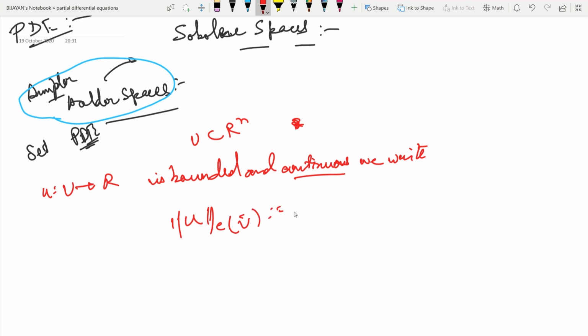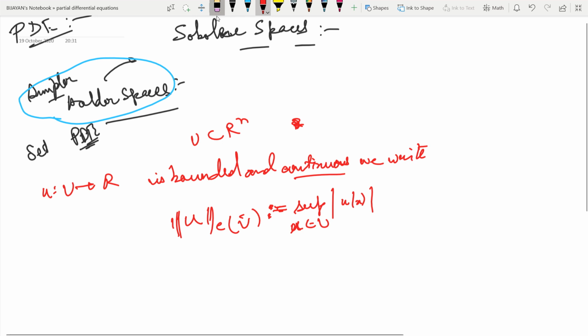The sup norm of u is defined as the supremum of |u(x)|, x belongs to U. This is simply a notation, and this is the definition of this notation. For all x belonging to U, we take the supremum of the absolute value of this function.